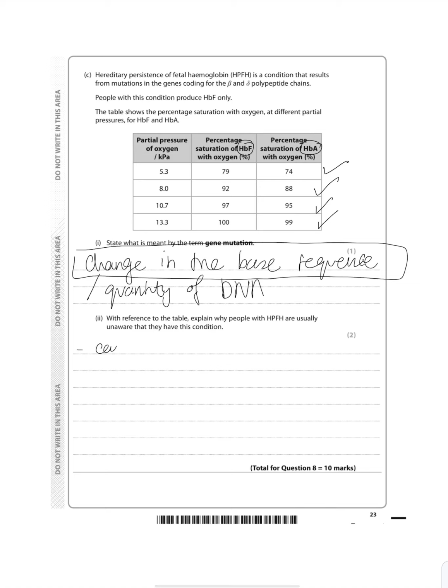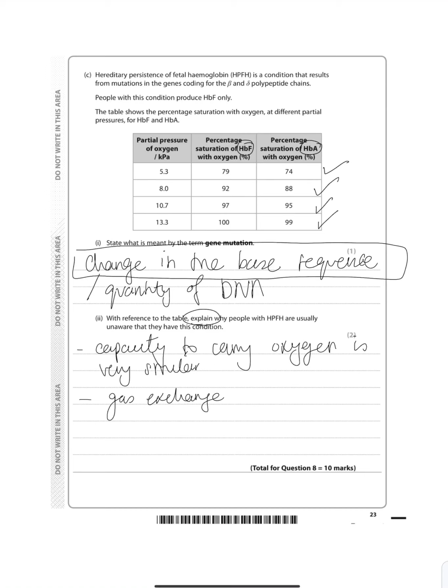So the capacity to carry oxygen is very similar. And so, because this is explained, what's the significance of this? Well, actually, if it's the same capacity to carry oxygen, gas exchange is the same, because you'll still have normal processes going on.